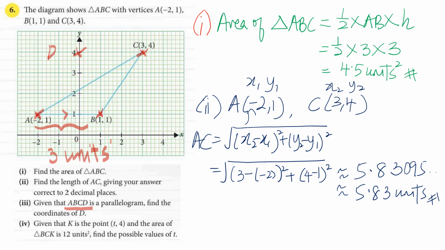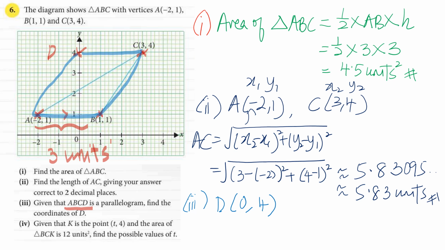That is your D. So this is how your parallelogram looks like. Okay, you followed the order. So A first, B, C, then D. So therefore, part 3. Alright, so the coordinates of D will be 0, 4. Okay? Right, so that's part 3.